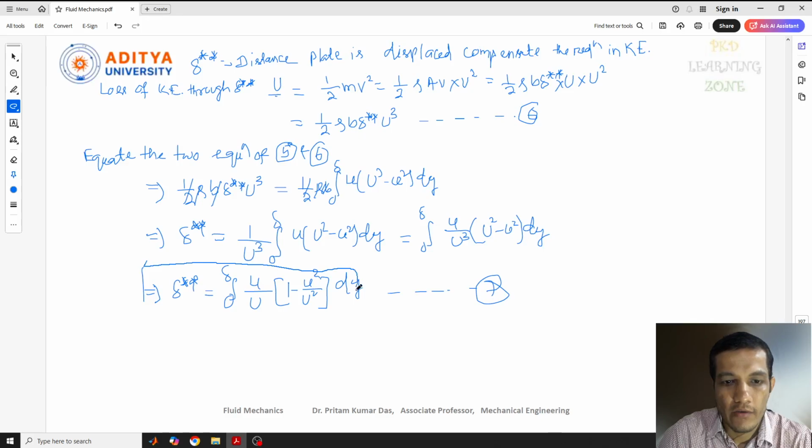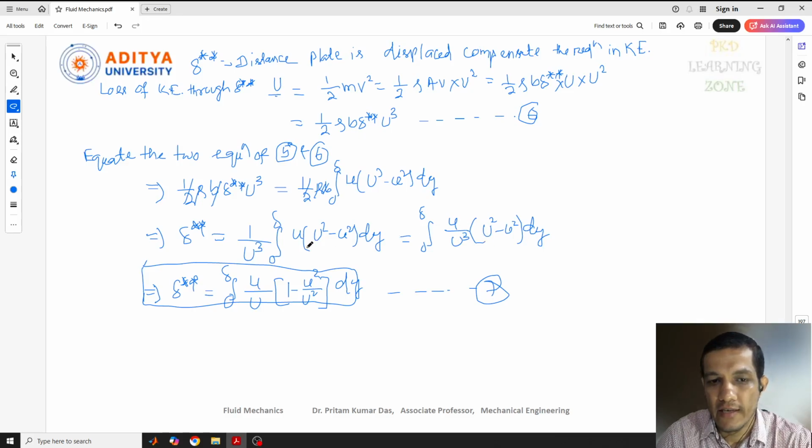Okay, so in the previous equation the square was not there, here the square is there. See what I have done: I just took this U cube inside. Then after that I get u square by U square minus u square by U square. I take u outside, inside the integration from 0 to delta.